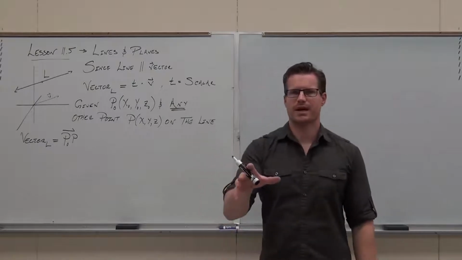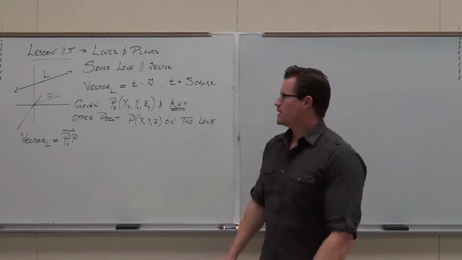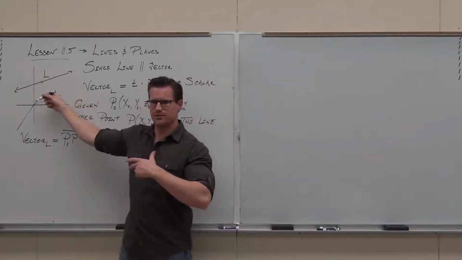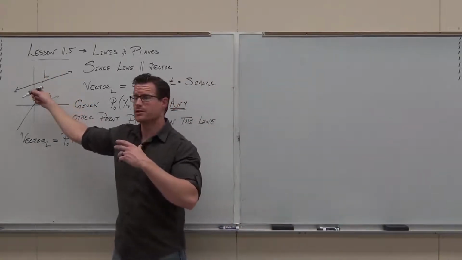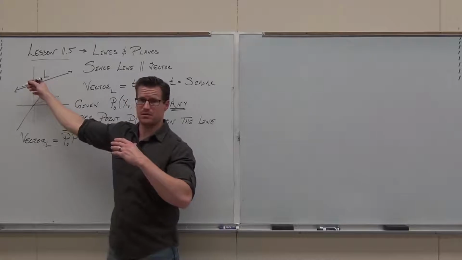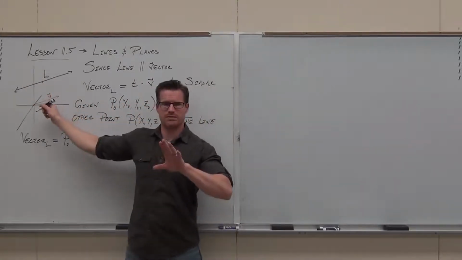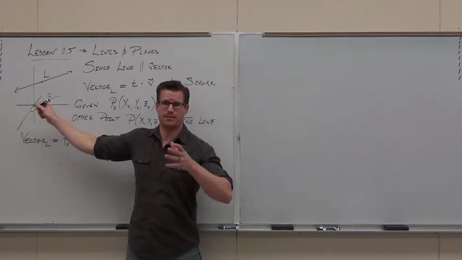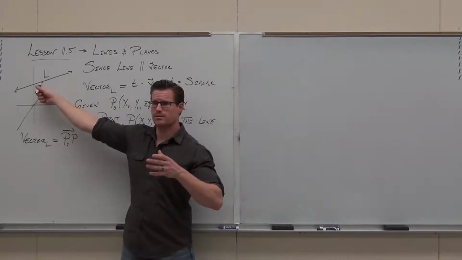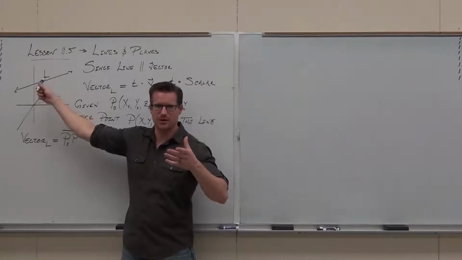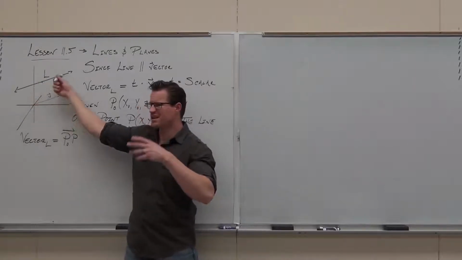We do a 20-second recap because then it's pure algebra. You guys, we already talked about it, but you get the idea. This line is parallel to the vector. If it's parallel to the vector, any vector on that line is a scalar multiple of the direction vector. That's the idea. More than that, if I give you a point, we can always find the vector of that line between a point and any other one.